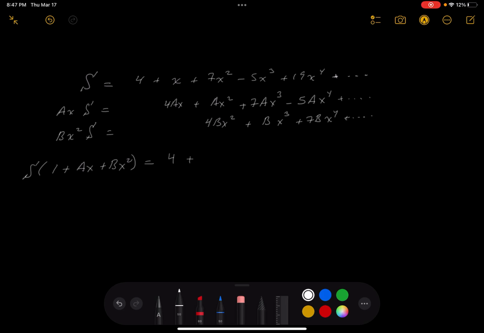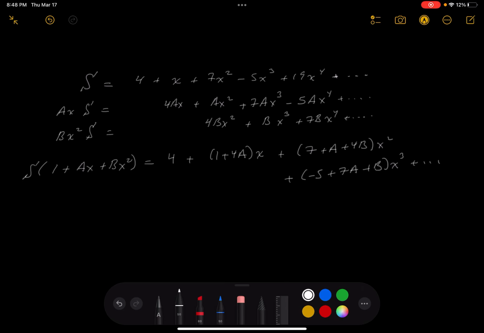Then you're going to get 1 plus 4A X. Then you're going to get 7, let's see, plus A plus 4B X squared. And then you're going to get, let me write this over here, minus 5 plus 7A plus B X cubed, yada, yada, yada. All right?